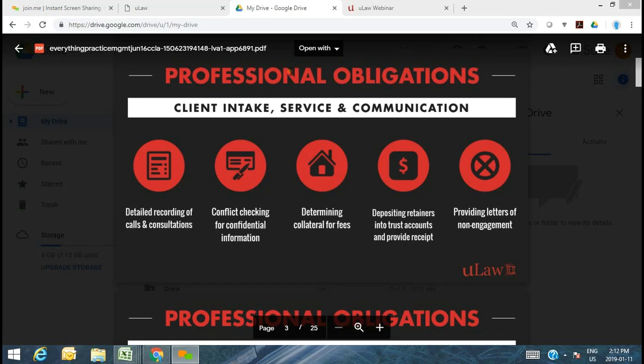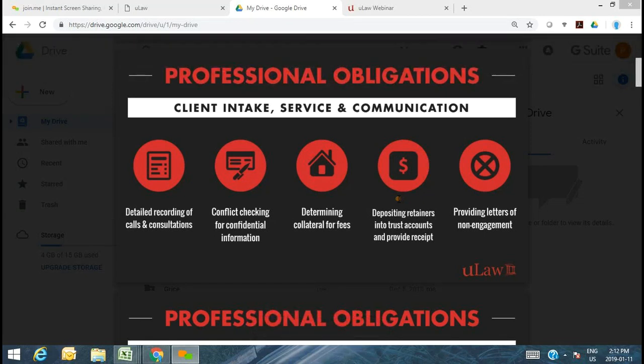Okay, so we'll take a slight segue to really talk about, as a next step, the deposit of retainers and trust accounts and what those important steps are. As a legal practitioner, you are probably aware of the power and the responsibility that you have of being able to accept money from clients prior to completing the work, right?